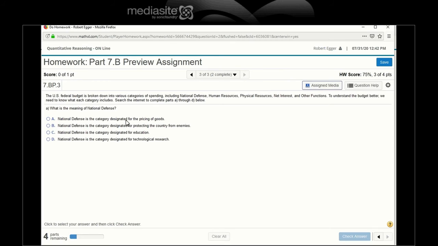Does the national defense category account for the pricing of goods? No, that's the consumer price index. Does it account for protecting the country from enemies? That's potential. Education, no. Technological research, there's some in there, but not all of it. So I'm going to go with B.